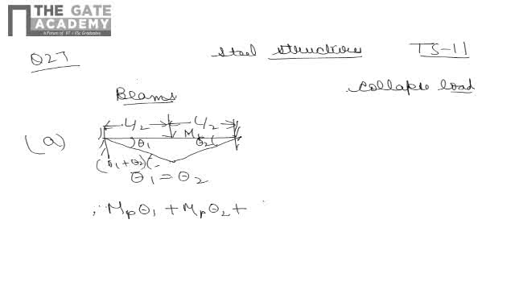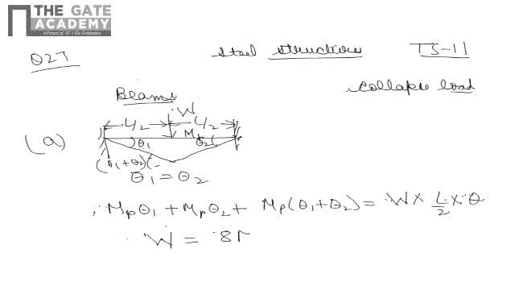So MP into theta 1 plus theta 2 should be equal to external work, which is force W multiplied by the displacement, L by 2 multiplied by tan theta 1, and for small theta, tan theta can be approximated as theta. So from this equation, W comes out to be 8 MP upon L.